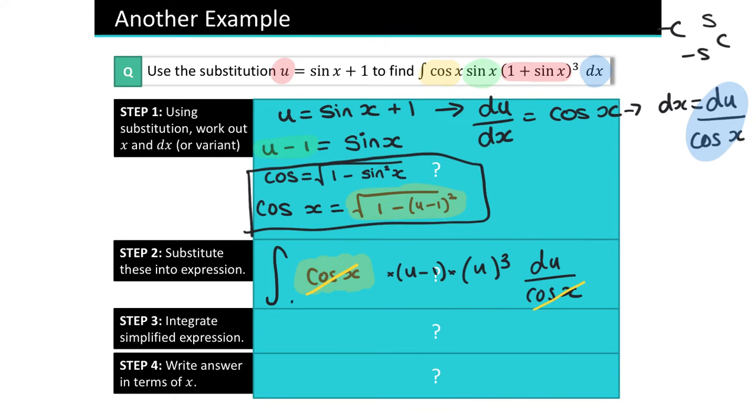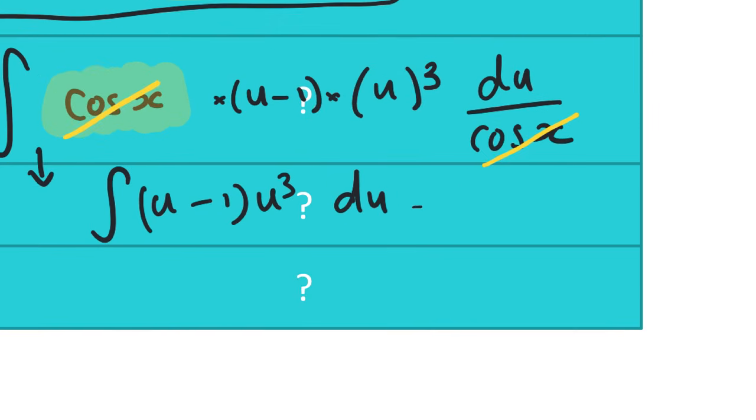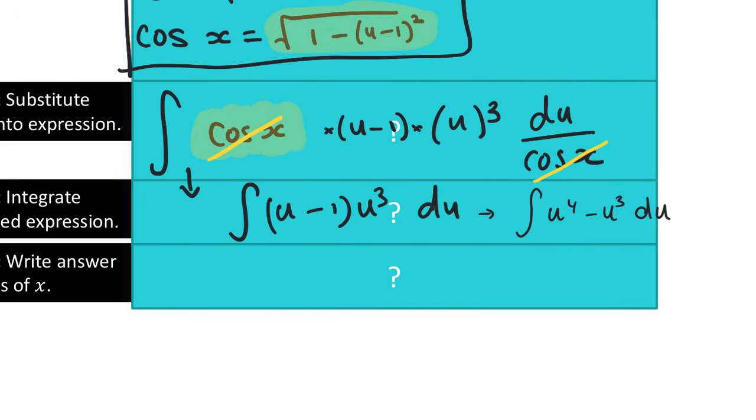So this is now going to be, continuing step 2, the integral of u minus 1 times u cubed. I'm just going to write this again so that we can see u minus 1 times u cubed du. Okay? What does this equal? This equals the integral of u to the power of 4 minus u cubed with respect to u. Yeah? So if I integrate this, what do I get? Increase the power by 1, 5, divide by the new power.